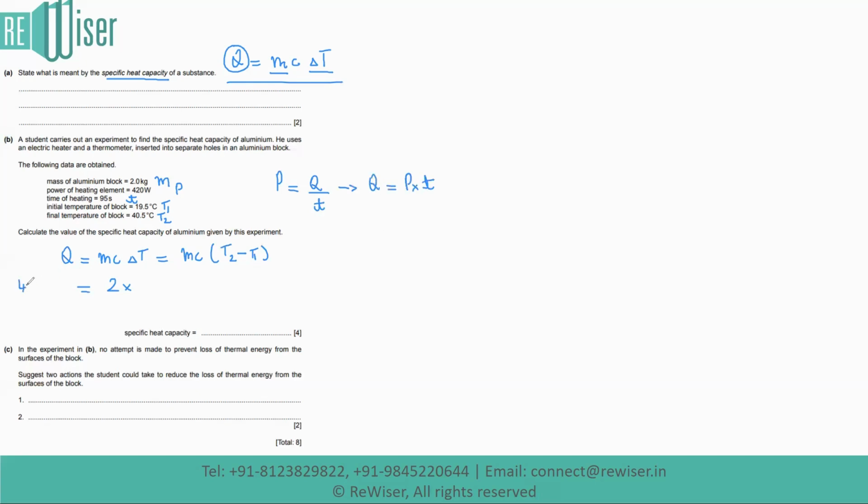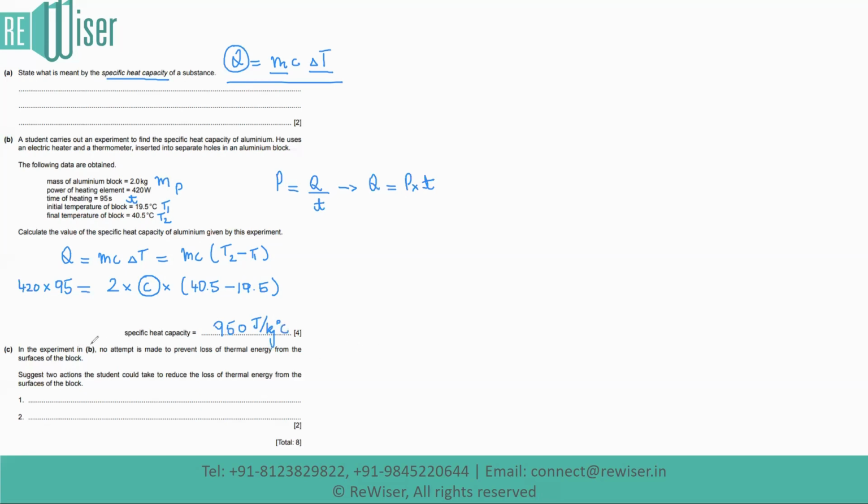So the power is 420 watt multiplied by time of 95 seconds. And c is the unknown, which needs to be found out. T2 minus T1 is 40.5 minus 19.5. Simplifying and making c the subject of the equation, we get the value of specific heat capacity to be approximately 950 joule per kilogram per degree Celsius.